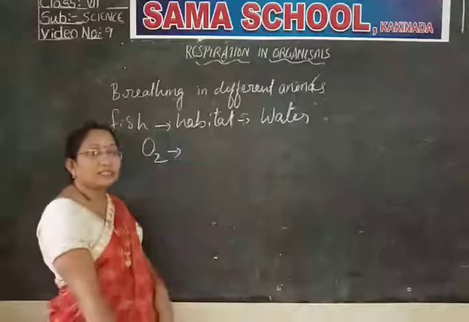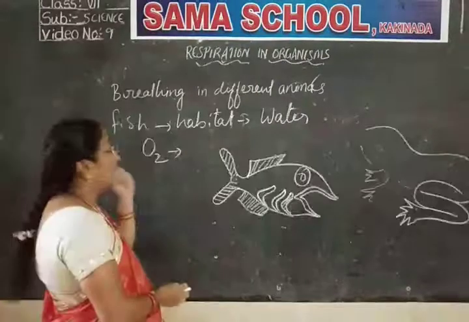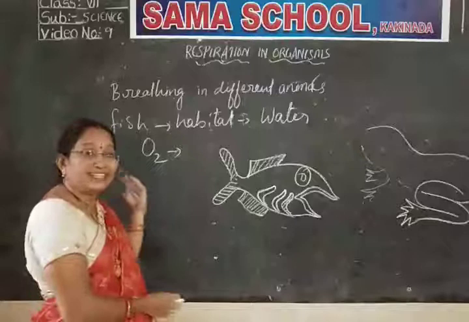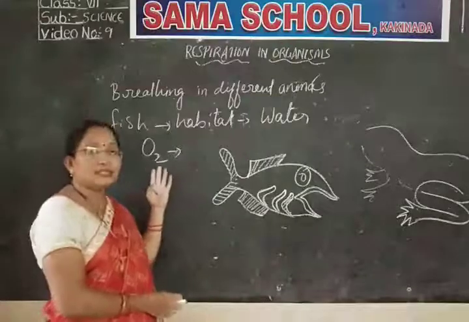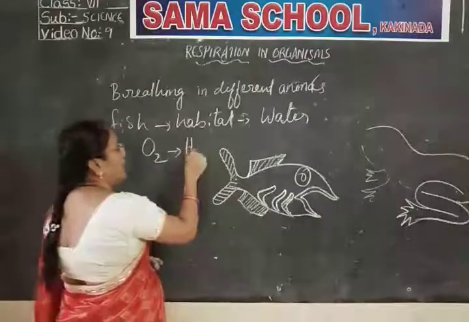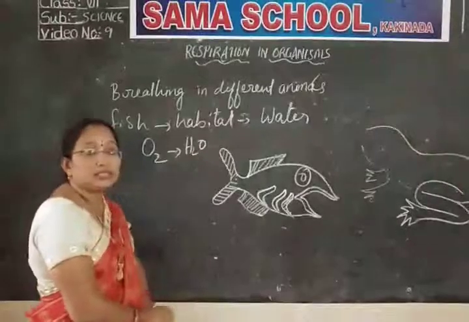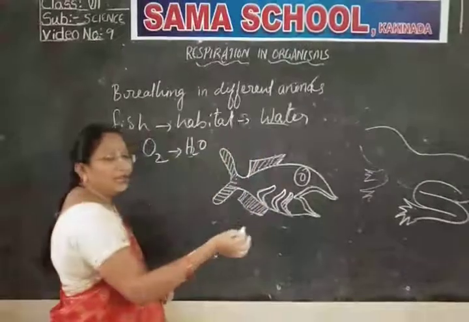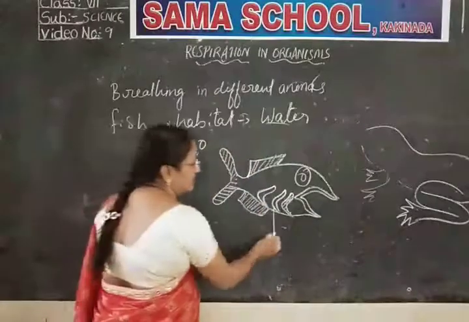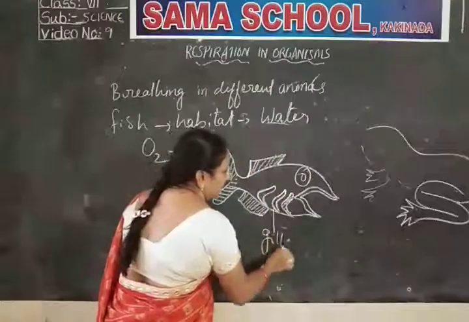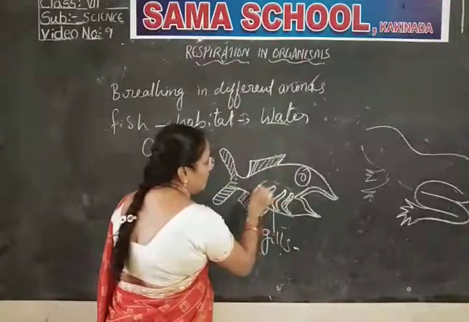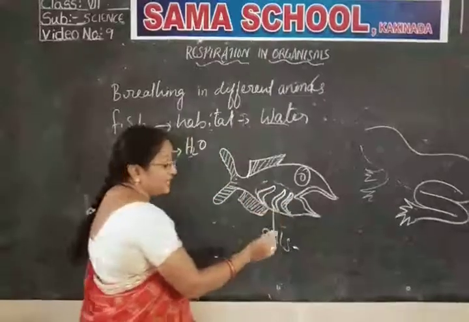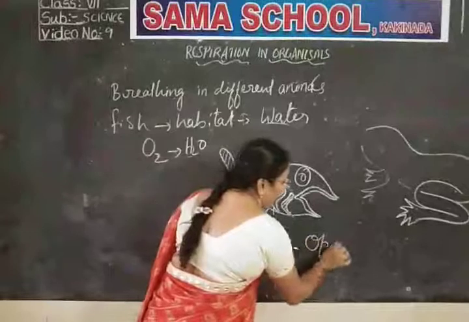How does the fish take in air? The oxygen which is dissolved in water. So as the fish live in water, what are the organs of fish? These are the gills, and these gills are covered by the operculum.